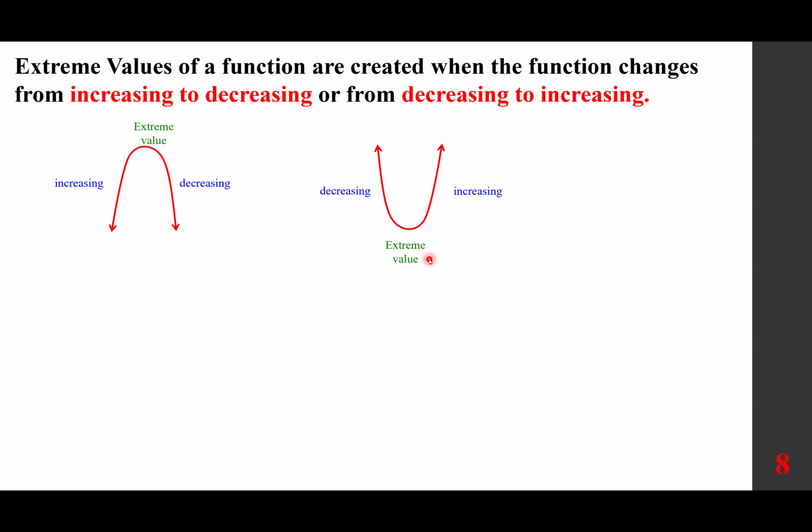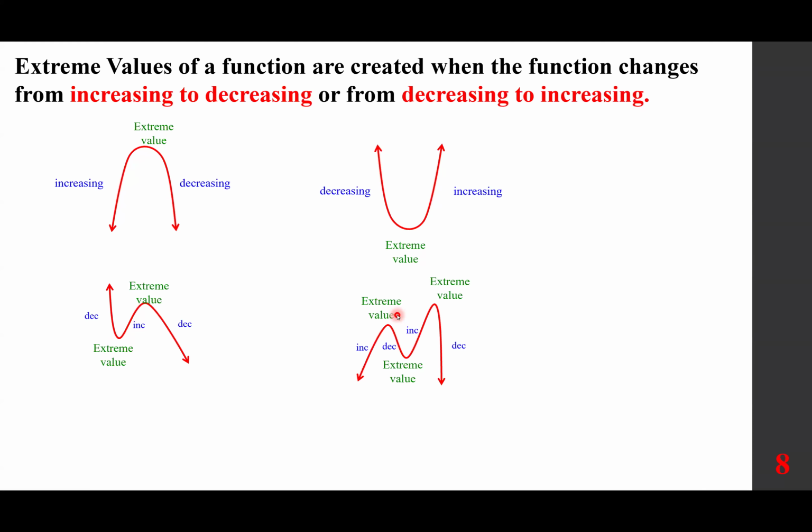This one is a local minimum. Look at this one, decreasing, increasing, decreasing. What happens in between? Extreme value, same here, local min, local max. Over here, increasing, decreasing, increasing, decreasing. So increasing to decreasing, we have extreme values at the peaks and valleys.